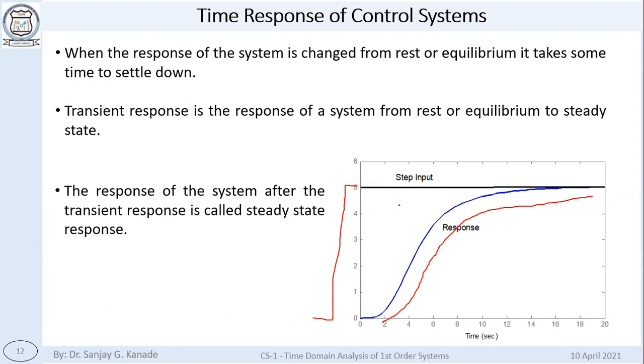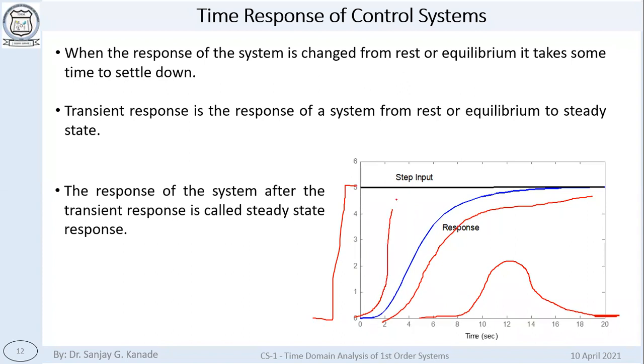If at all the control system doesn't work, ultimately we want our controlled output to be again at the level of equilibrium, but that may or may not happen. That is a part of another discussion. But even though the temperature will increase inside the room, it is not going to increase in the same manner. It will follow some different path.